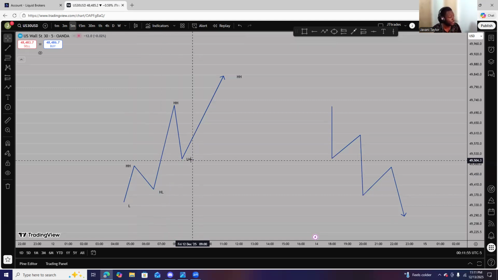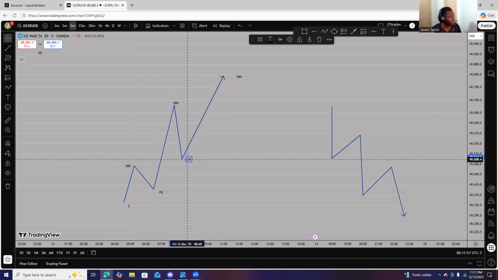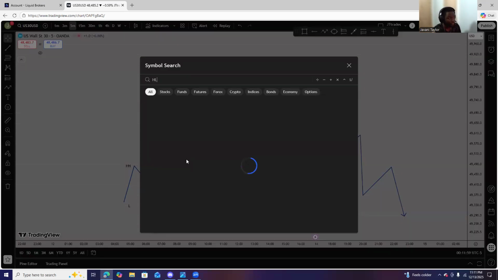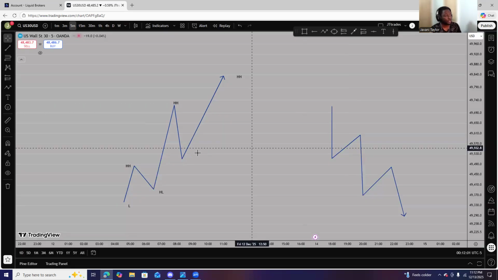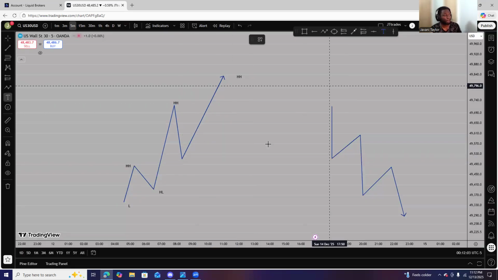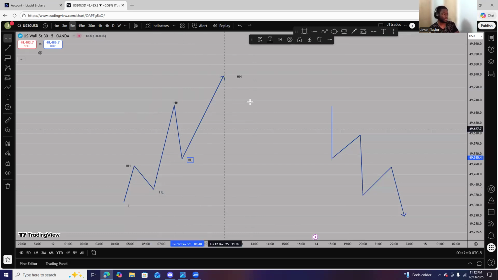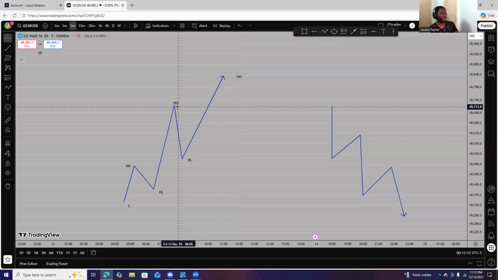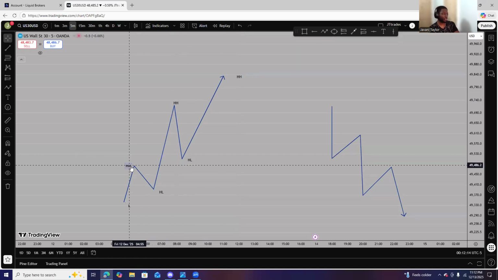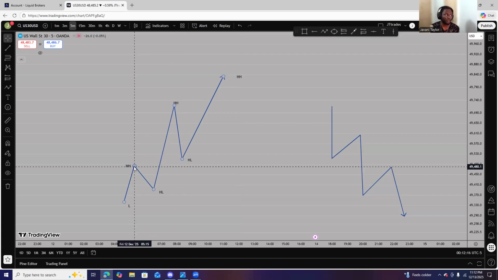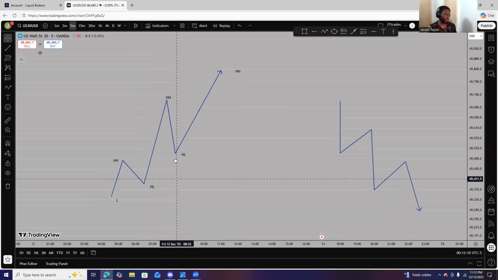I'm sorry, a higher low, because this low will be higher than this low over here. And then we have a higher high because this high will be higher than this high over here. And that's how the market moves in an uptrend.